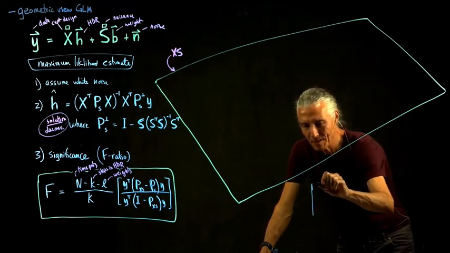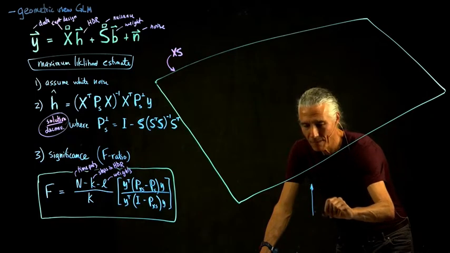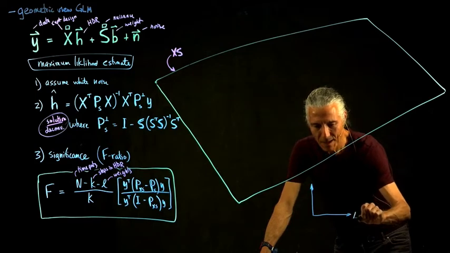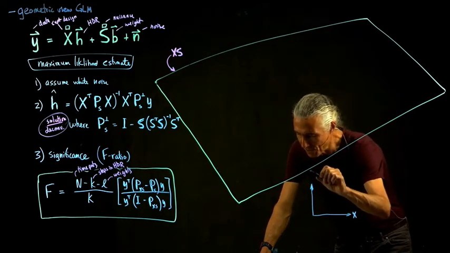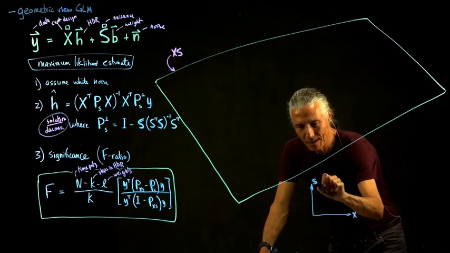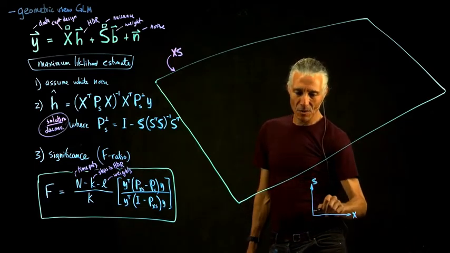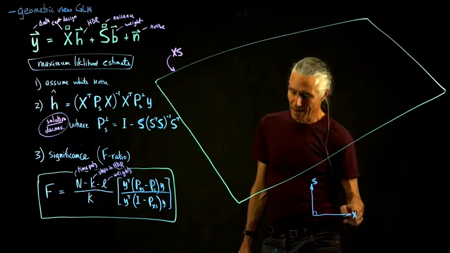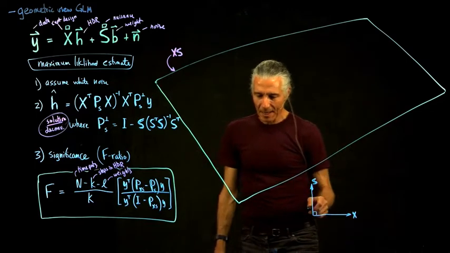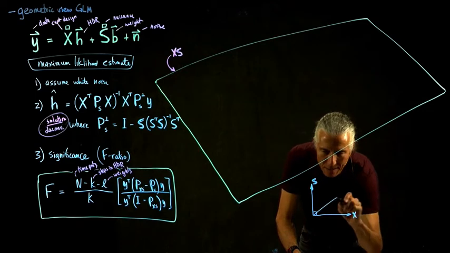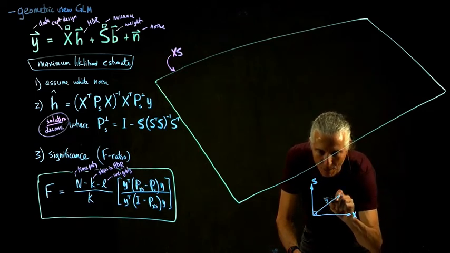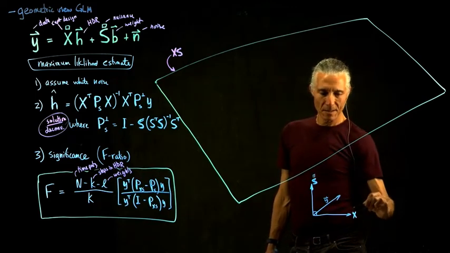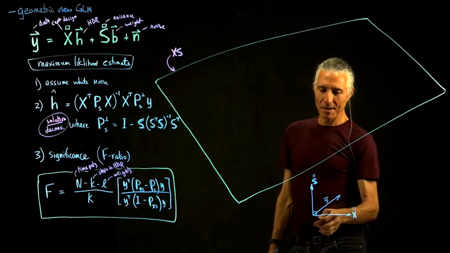If the nuisance time courses are in fact uncorrelated with the time courses in the experimental design matrix, meaning that they're at a right angle to the experimental design time courses, and we've got some data that includes both, here we're just doing it in 2 dimensions.